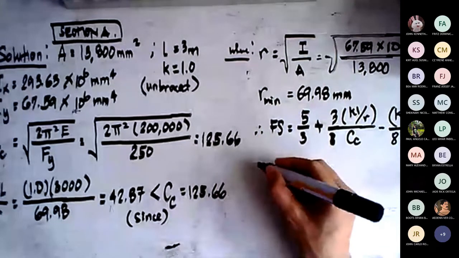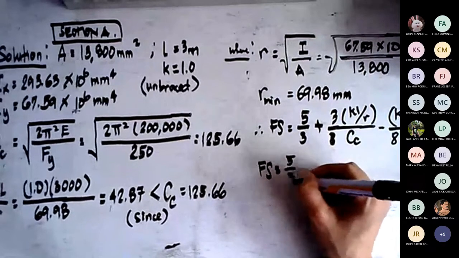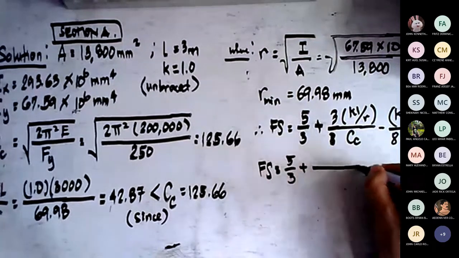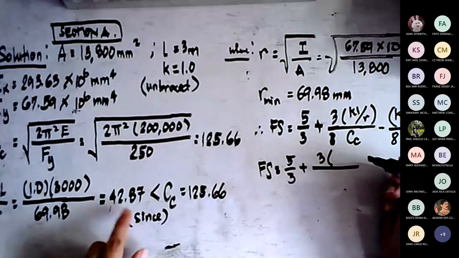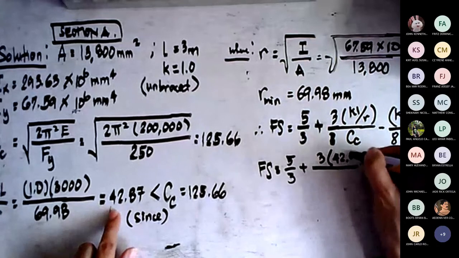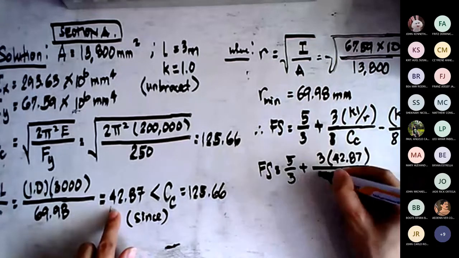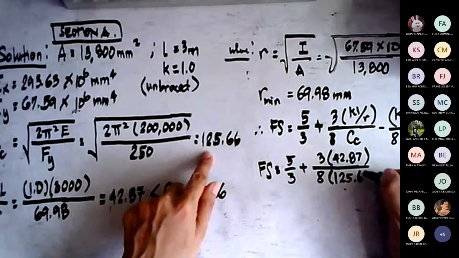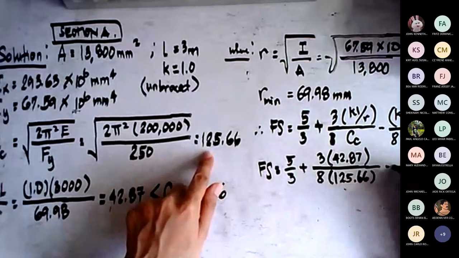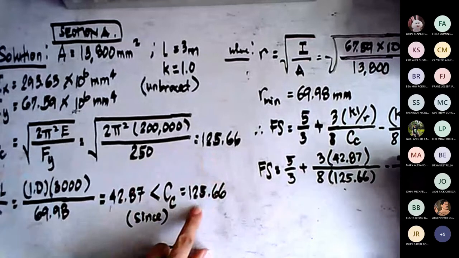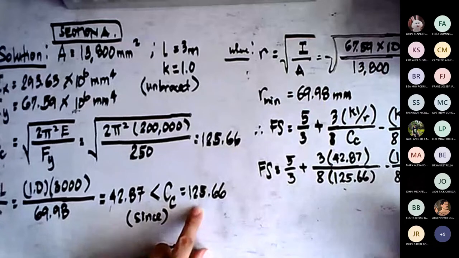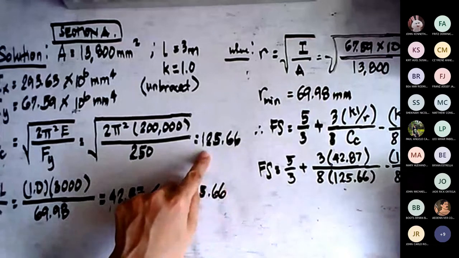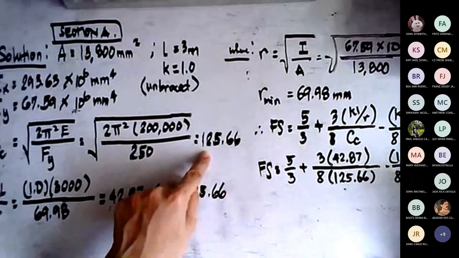So our factor of safety is equals to 5 over 3 plus 3 times KL over R, which is 42.87, all over 8 times C sub C, which is 125.66, minus KL over R cubed, over 8 times C sub C cubed, which is 125.66 cubed.